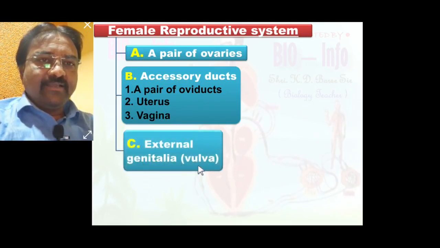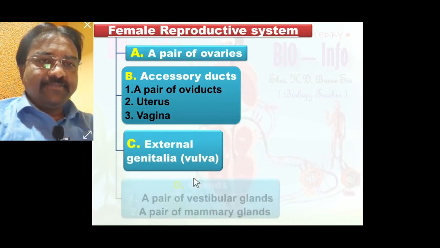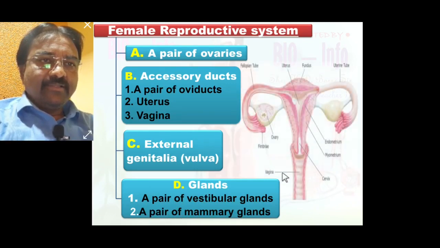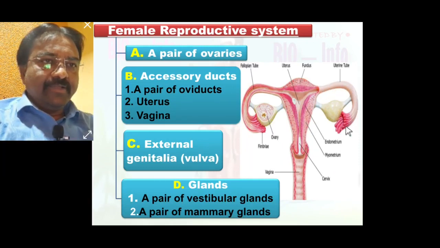External genitalia, vulva, and glands like a pair of vestibular glands and a pair of mammary glands. In the diagram of the female reproductive system, here are seen a pair of ovaries, accessory ducts like the pair of oviducts, right side also left side. The uterus is seen, this one is the uterus and this is the vagina.